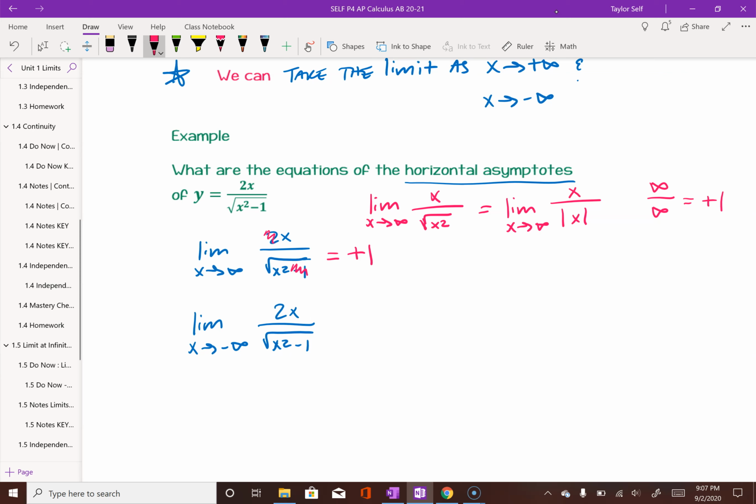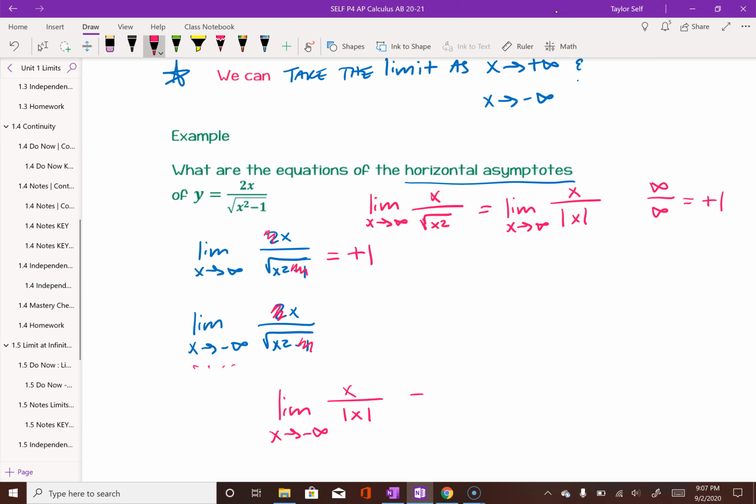Okay, cool. Now let's do the same thing for the limit as x approaches negative infinity. Again, the 2 is insignificant. Don't care about that. The 1 is tiny. Don't care about that. So we can pretend that we're taking the limit as x approaches negative infinity of x over absolute value of x, because the square root we turn into absolute value. Now we can pretend, oh, let's not say equals because we're not allowed to plug in infinity technically.